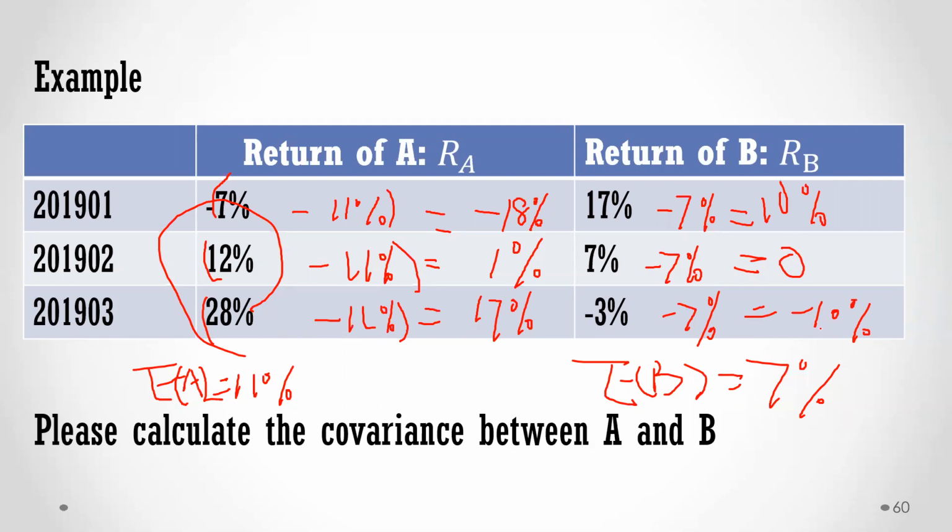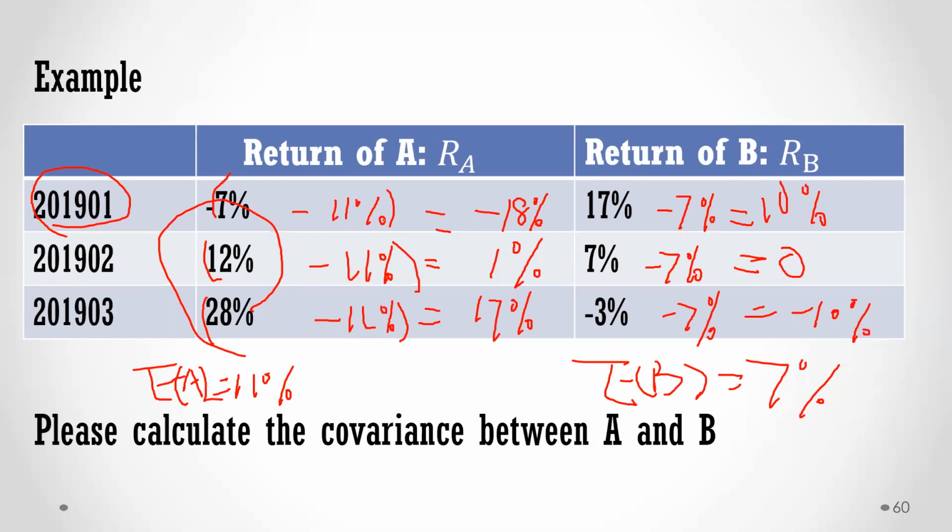Now, the next thing we want to do is calculate the product of the deviation, right? For each month, for example, for January, A underperformed compared to its average. On the other hand, B outperformed because it's positive.